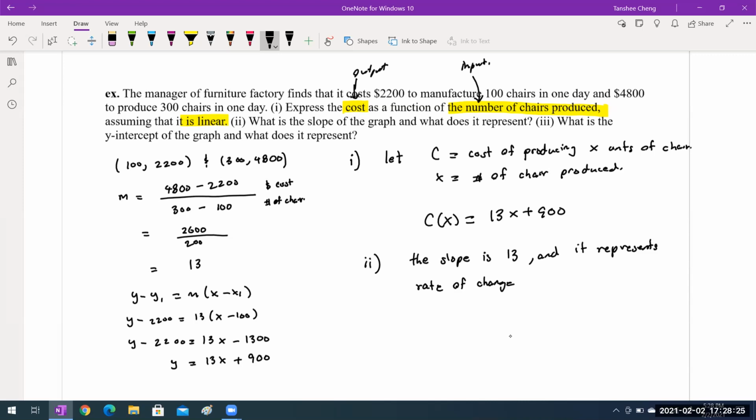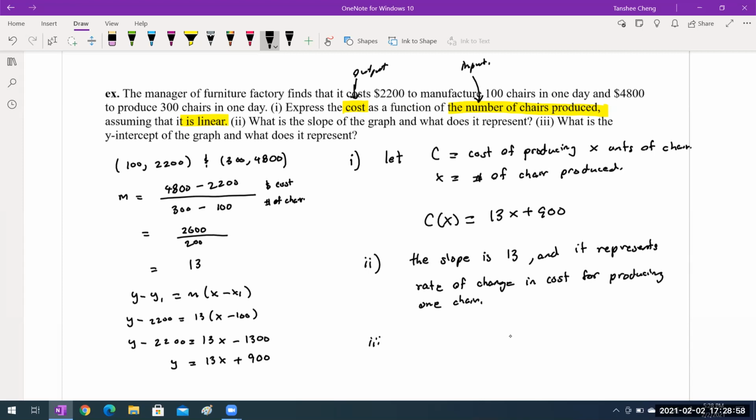So the slope is 13, and it represents the rate of change in cost for producing one chair, because I have 13 over 1, right? So it's per chair. So this is the interpretation that you need to understand and be able to write.